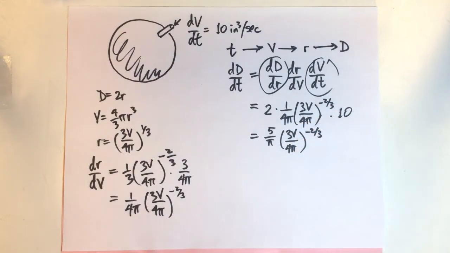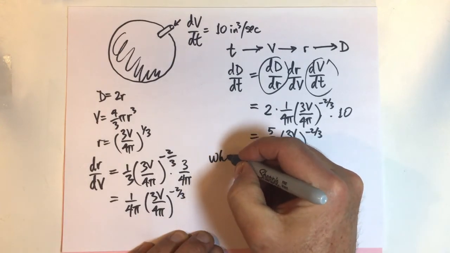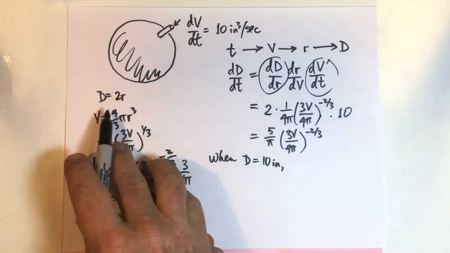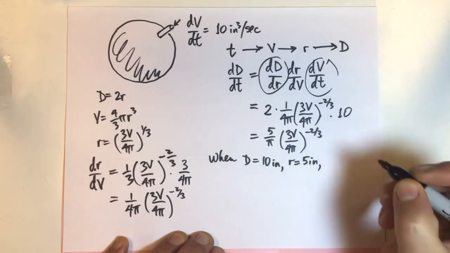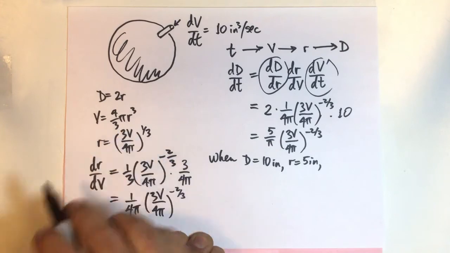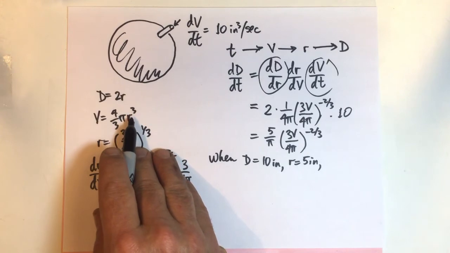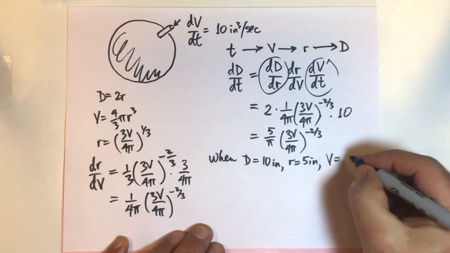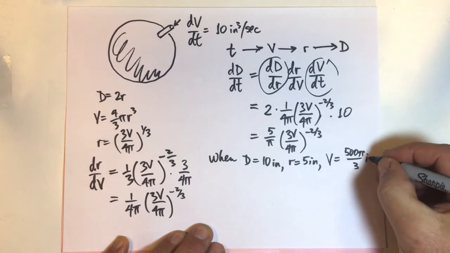Now we have to evaluate this at the value D equals 10 inches. When the diameter is 10 inches, you can see from this formula that the radius would also be 5 inches, and then you can substitute that into the formula for volume. 4/3 times pi times 5 cubed is 125, and when you multiply that out, you get the volume of 500 pi over 3, and that's cubic inches.